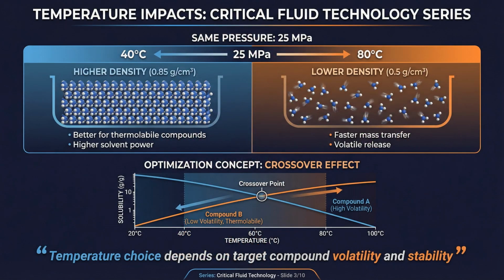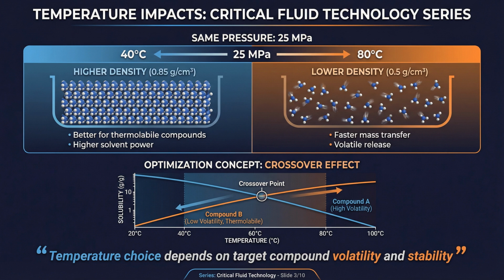Temperature choice involves interesting trade-offs. At lower temperatures, like 40 degrees Celsius at the same pressure, you get higher CO2 density, which means greater solvent power. This is better for extracting heavier compounds and essential for preserving thermolabile or heat-sensitive materials. At higher temperatures like 80 degrees, density is lower, but you get faster mass transfer due to increased molecular motion.